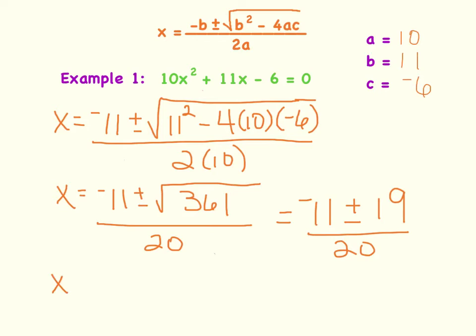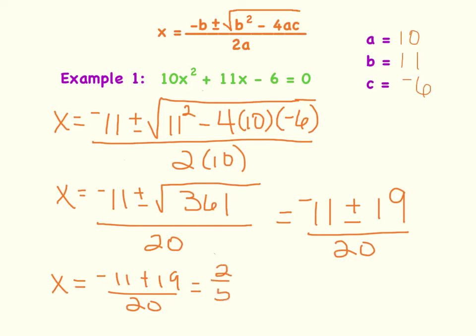So we've got x equals negative 11 plus 19 divided by 20. If you notice, at this point I'm breaking this apart so that we can see our two solutions. Negative 11 plus 19 divided by 20 is 2/5.